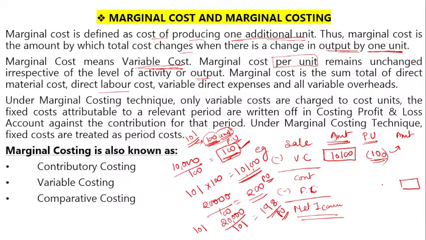So here you can see there is a change in the per unit cost when the company is calculating its fixed cost per unit. But when the company is on the variable cost, the per unit cost remains constant, it remains unchanged.